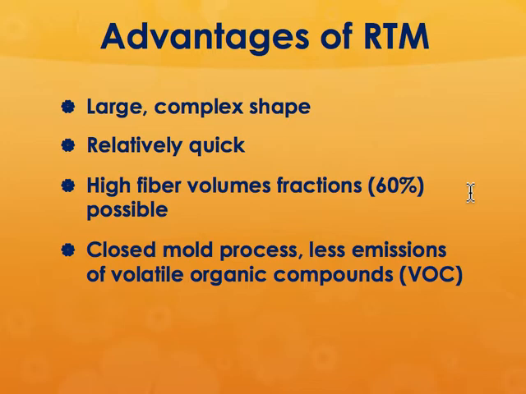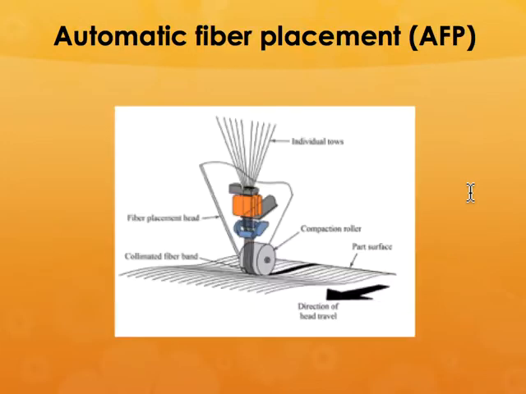It is a closed mold process and there is very little emission of volatile organic compounds, or VOCs, coming through the process. Everything is completely closed and you can completely remove that.